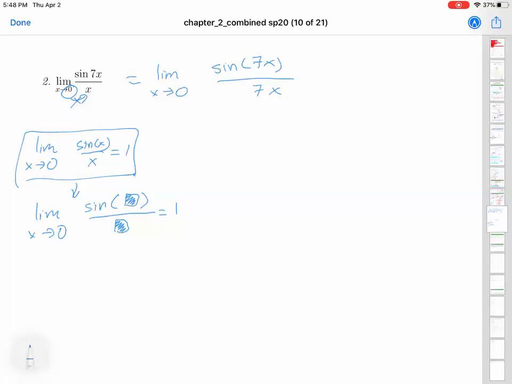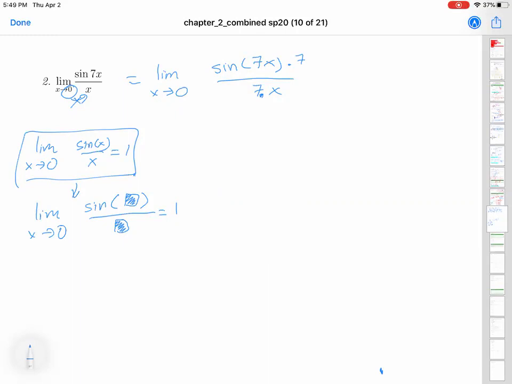But you don't have 7x, you only have x. That means you have to multiply by 7 in the denominator, and so you have to multiply by 7 on the top in order to get 7x in the denominator. So you multiply 7 to the top and 7 to the bottom just to preserve the equivalence of the original function.